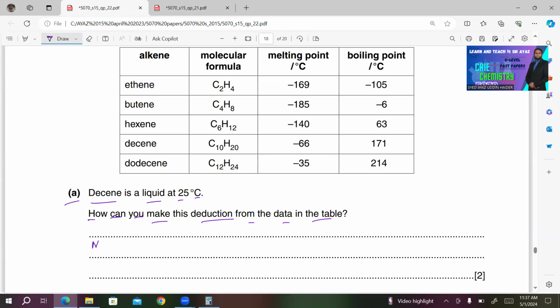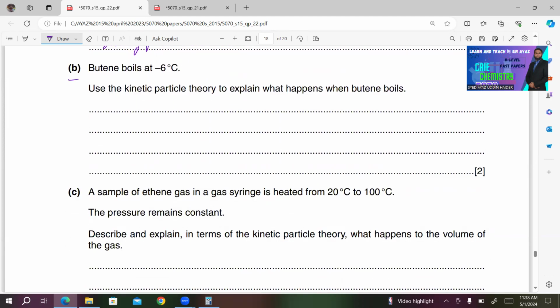So you write melting point below 25 degrees centigrade, boiling point above 25 degrees centigrade. That's why it's a liquid at 25 degrees. Next question.